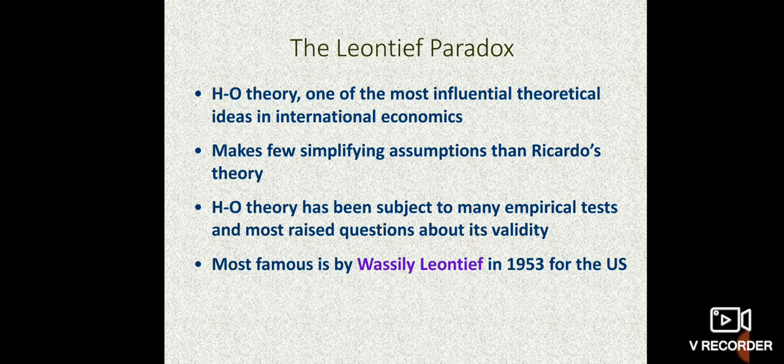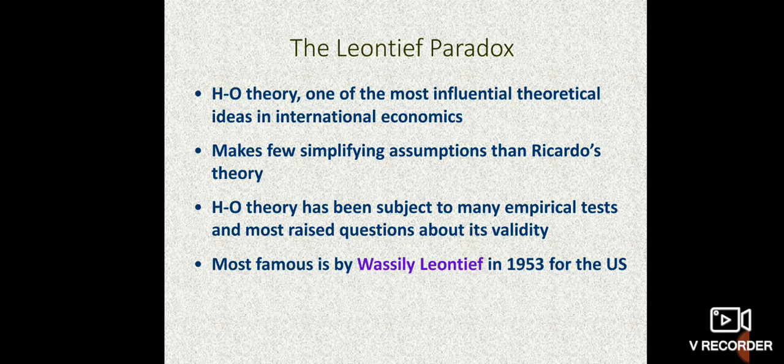The Heckscher-Ohlin theory, one of the most influential theoretical ideas of international economics, makes fewer simplifying assumptions than the Ricardian theory. It has been subject to many empirical tests, and most raised questions about its validity. Most of the criticisms say it is not valid.